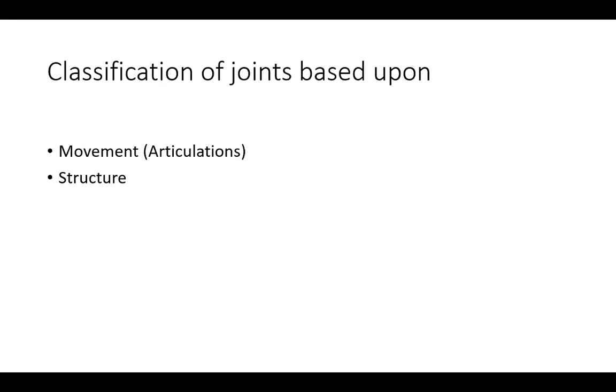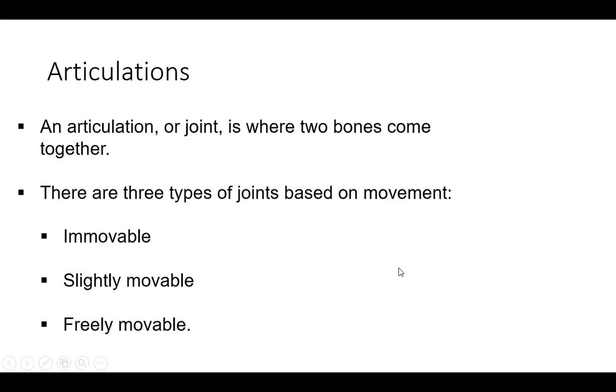So when we look at a joint, we can classify it either by movement, where there are three different types, or by what kind of structure it has. So we talk about these classifications. Articulations: the movement of bone against bone.